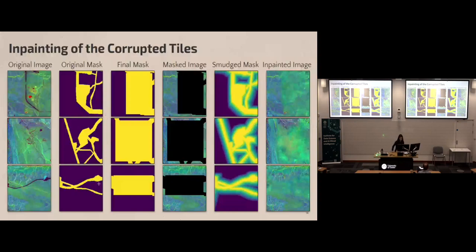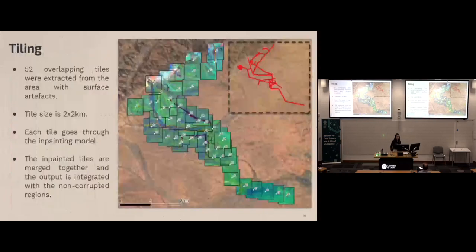So we use this technique. Basically, we first cropped 52 overlapping tiles from the regions that we specified to have surface artifacts. Each tile is of size 2K by 2K, 2 kilometers by 2 kilometers. Then we passed all these tiles through the inpainting, and then we merged the inpainted tiles using feathering.